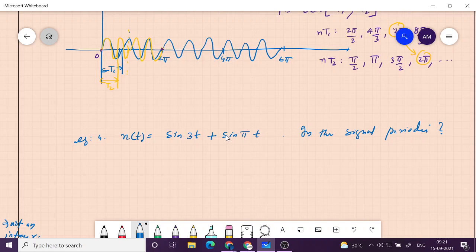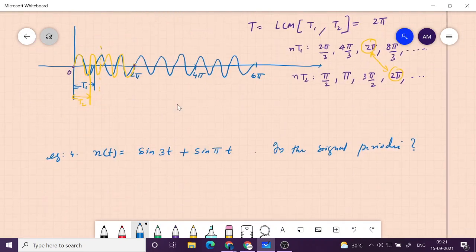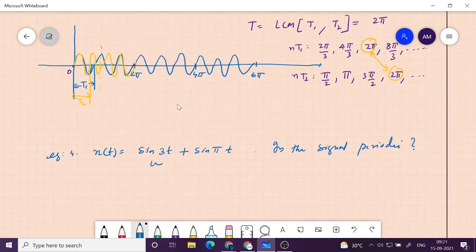So we may think that I can follow the former approach. I will find T1, which is 2 pi by omega 1, which is 2 pi by 3, and then T2 is equal to 2 pi by omega 2, which is pi, so I will get 2.